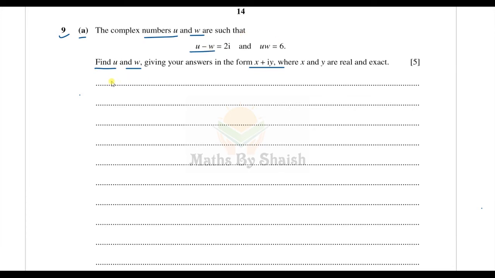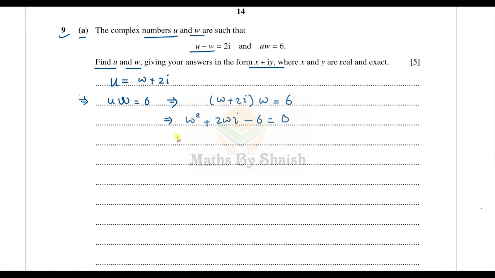From the first equation we can write u as w plus 2i, and hence from the second, since u into w is equal to 6, I'll write w plus 2i into w is equal to 6, which can be written as w square plus 2iw minus 6 is equal to 0.